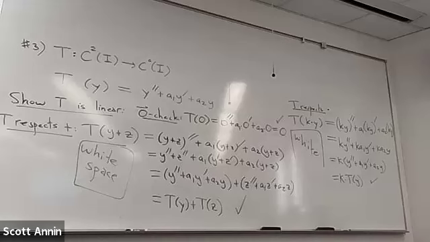Okay, so it makes sense if we just did the derivative example that we would follow that up with the integral example. So we're going to integrate f of x from a to b. And this one is going to ask us to show that T is linear. Same instructions again, show that T is linear.